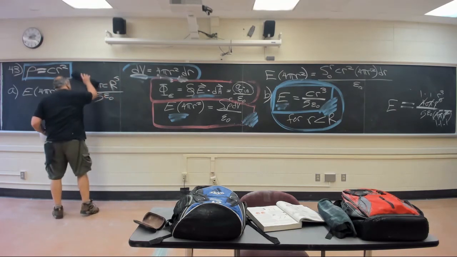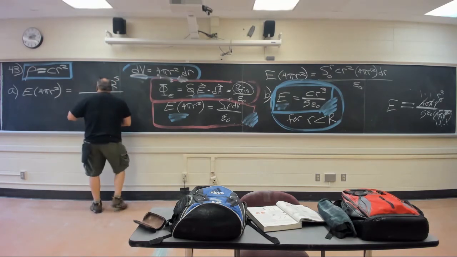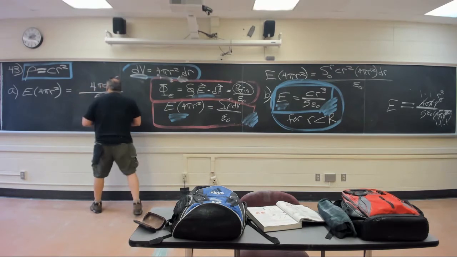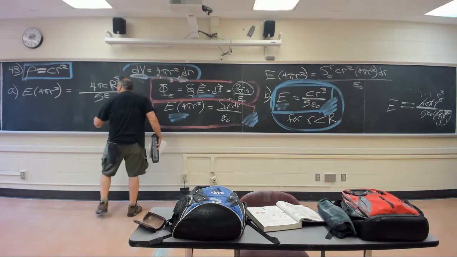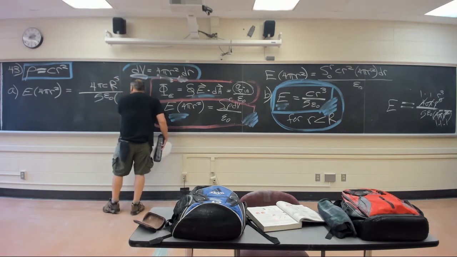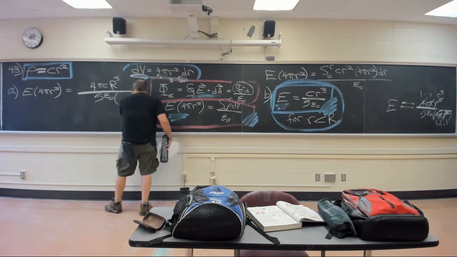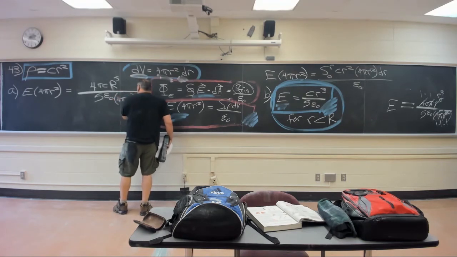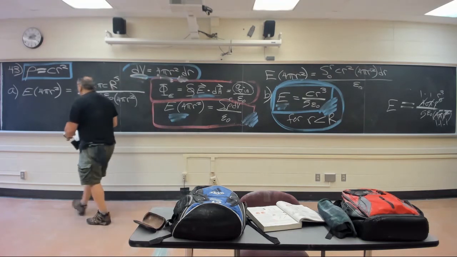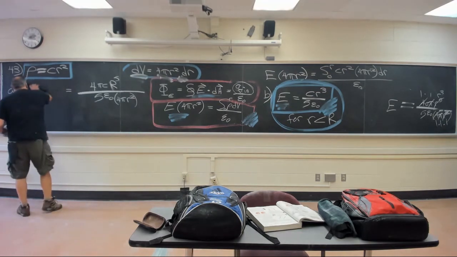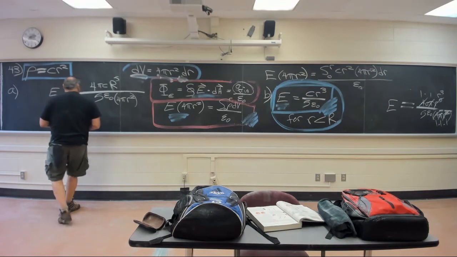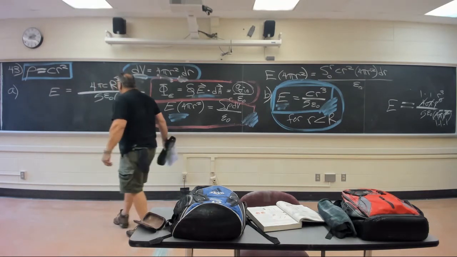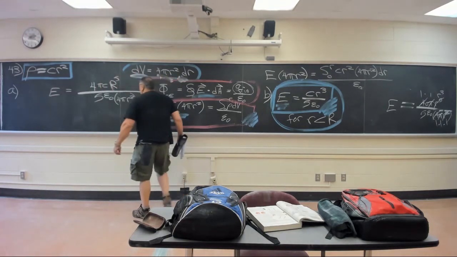And what you have is, now divide by 4 pi r squared. So what do we got?